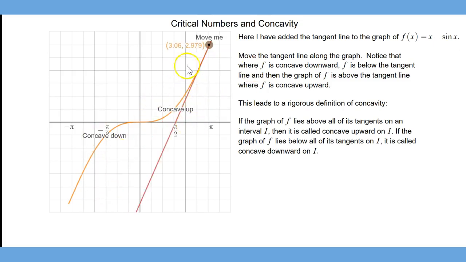It's always increasing. Another thing to notice is that when the graph is concave up, the graph is above the tangent lines. And when the graph is concave down, the graph is below the tangent line. So that's the rigorous definition of concavity.